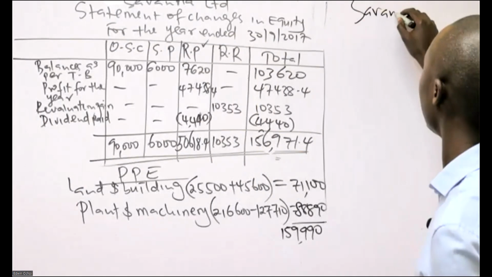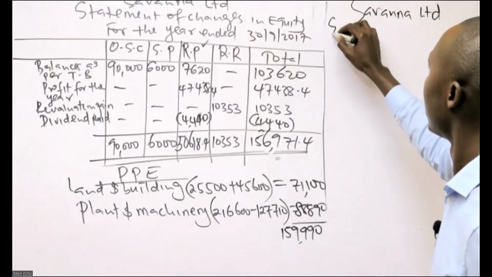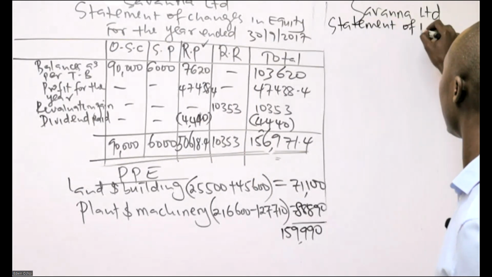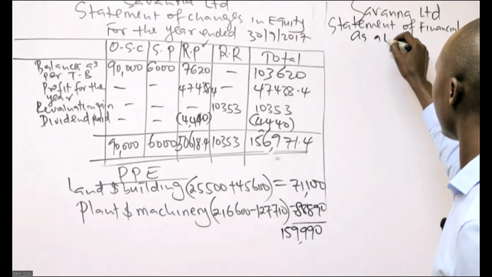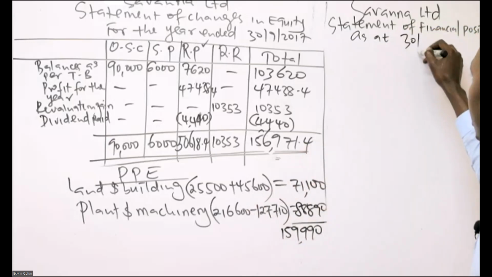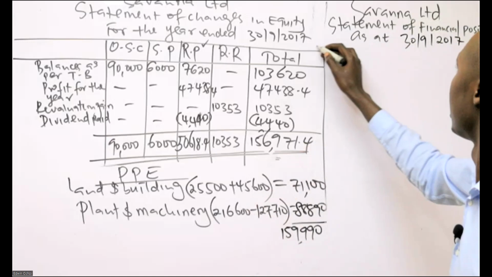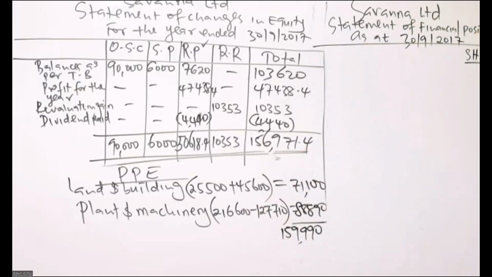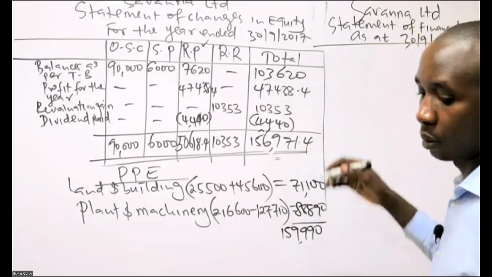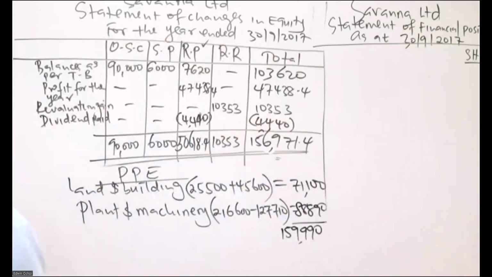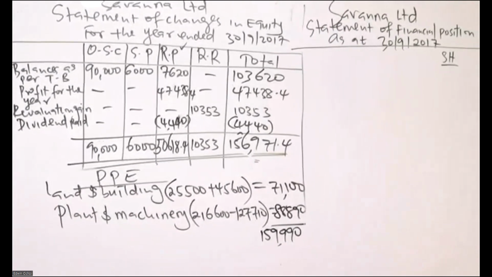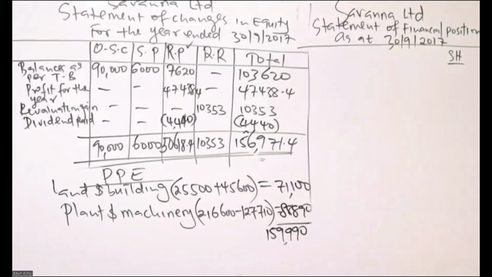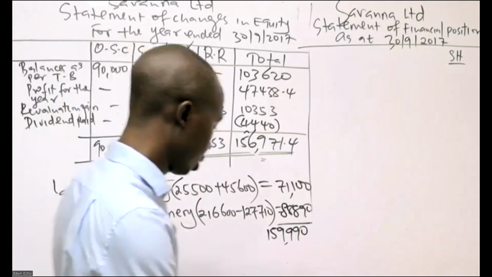So we say Savannah Limited, statement of financial position as at 30th September 2017. So let's talk about PPE.